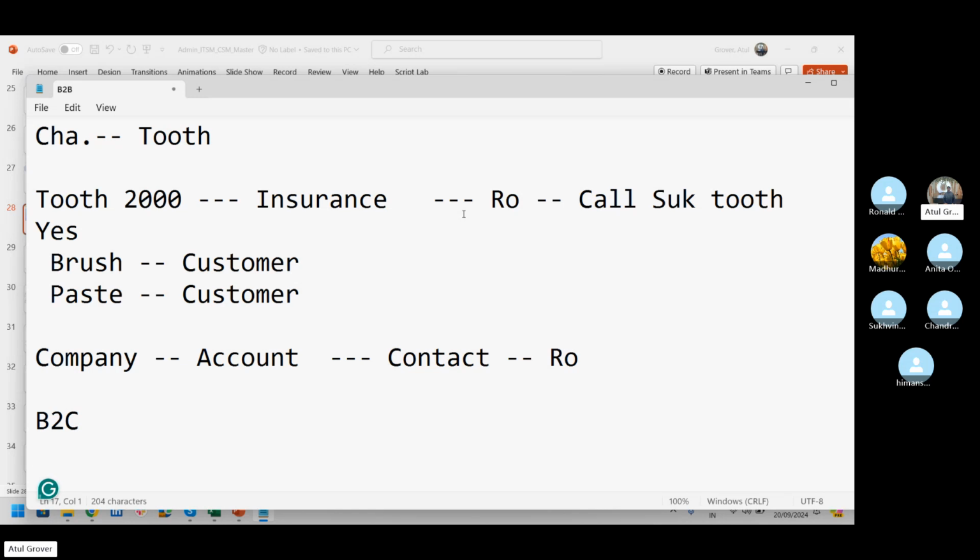A baby has been born in my family and I'm looking for insurance for him. I go to the website, Google, I start searching different insurance providers, and I find a company called Tooth. I call them, their executive comes to my place.